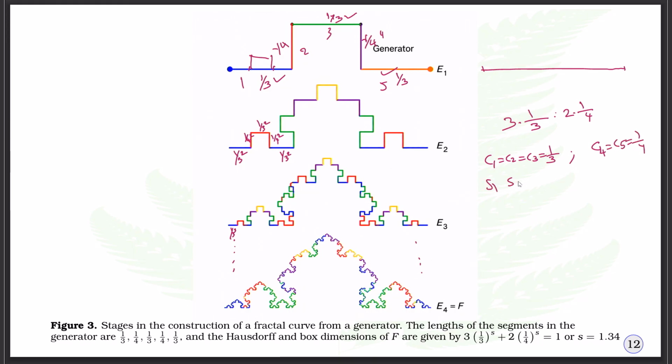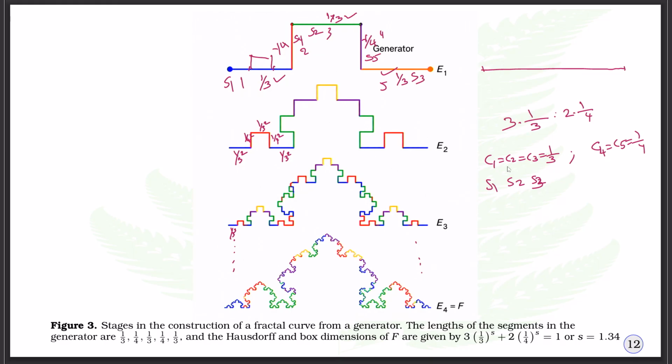So, S1, S2, S3 are needed to map here and here and here. Here may be S1, here may be S2, here may be S3, and here you can place S4 and S5. So, the S4 and S5 ratio must be 1 by 4 and the S1, S2, S3 ratio must be 1 by 3.